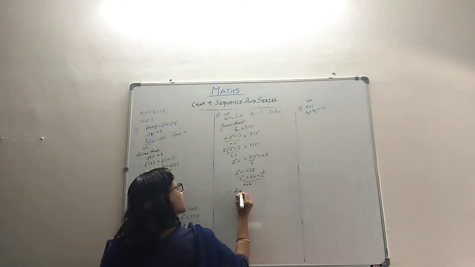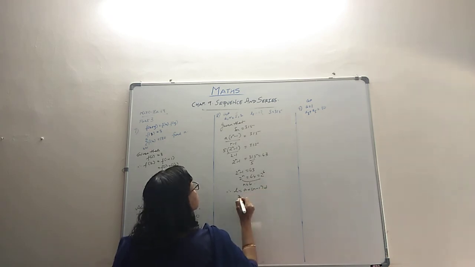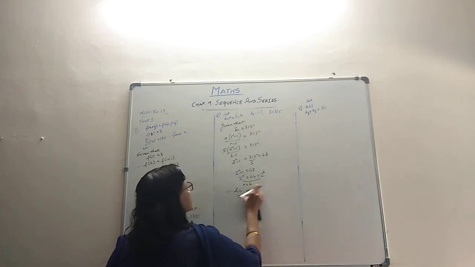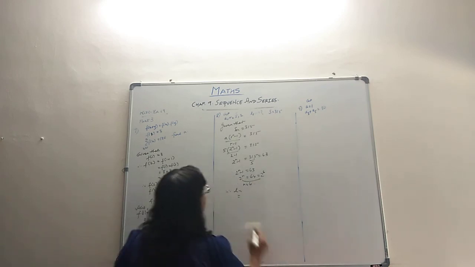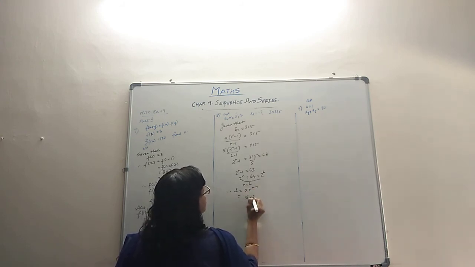That gives us the last term, which is a plus (n minus 1)d. So sorry, that's for the AP. Now we are in a GP, so it's a r raised to n minus 1. a for us is 5. r for us is 2.